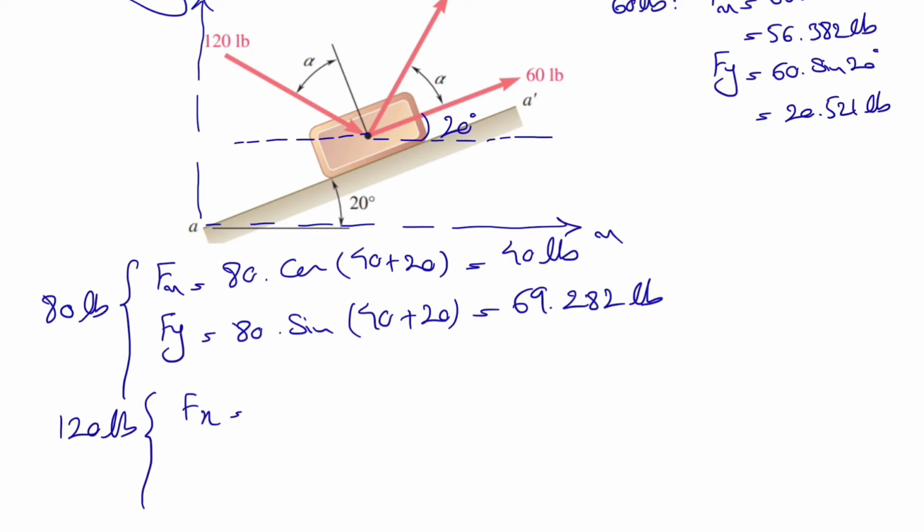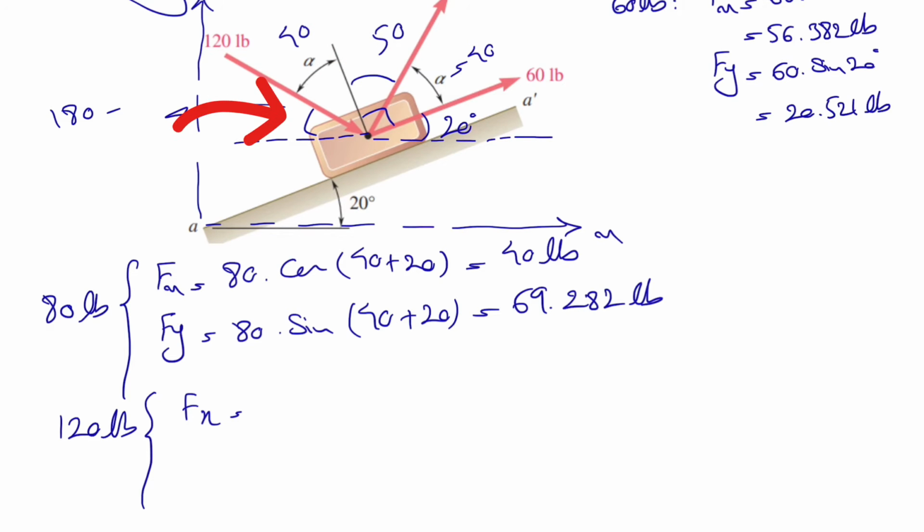And there is one more force left, and that would be the 120 pound force. That's what we have for Fx and Fy. So same thing. Again, we have to figure this angle. We know the alpha is 40, and this will be a right angle, which means this angle in here will be 50 degrees, and we have 40 degrees in here.